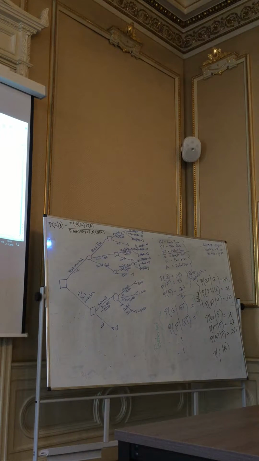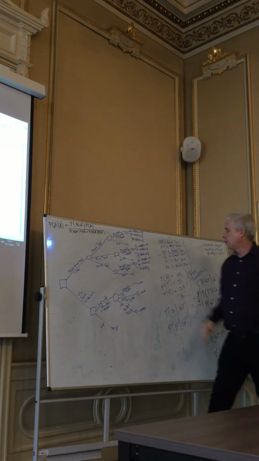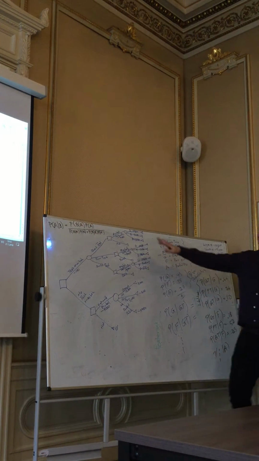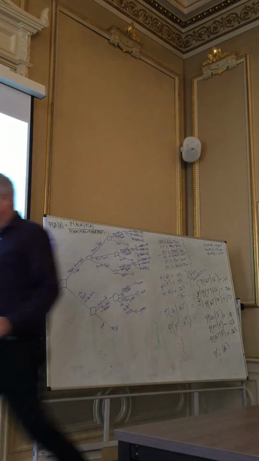So basically what I'm saying is we've got everything we need. We've got priors, right? We've got likelihoods. We can go ahead and use Bayes' rule to get these posteriors.